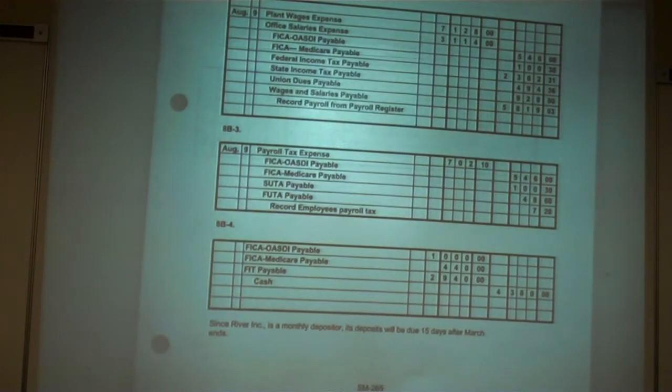Transfer that money. Then we have pay the payroll taxes. If we're paying the 941 taxes, what will they include? Okay, we're going to pay the FICA OASDI, the FICA Medicare, and the federal income tax.